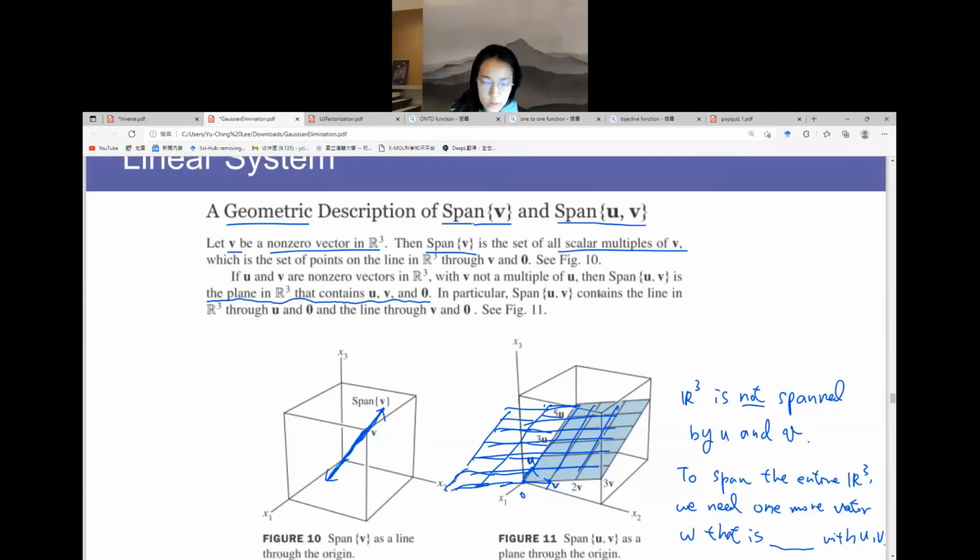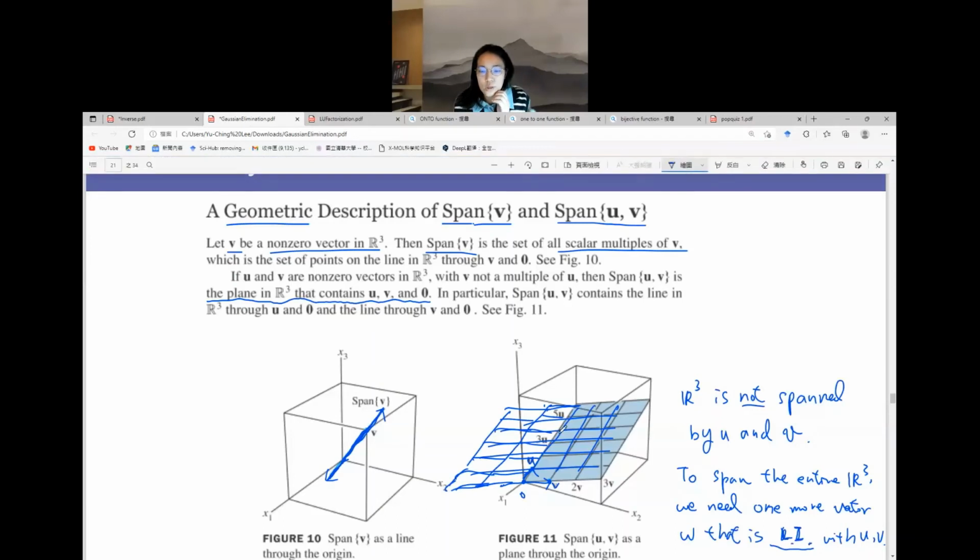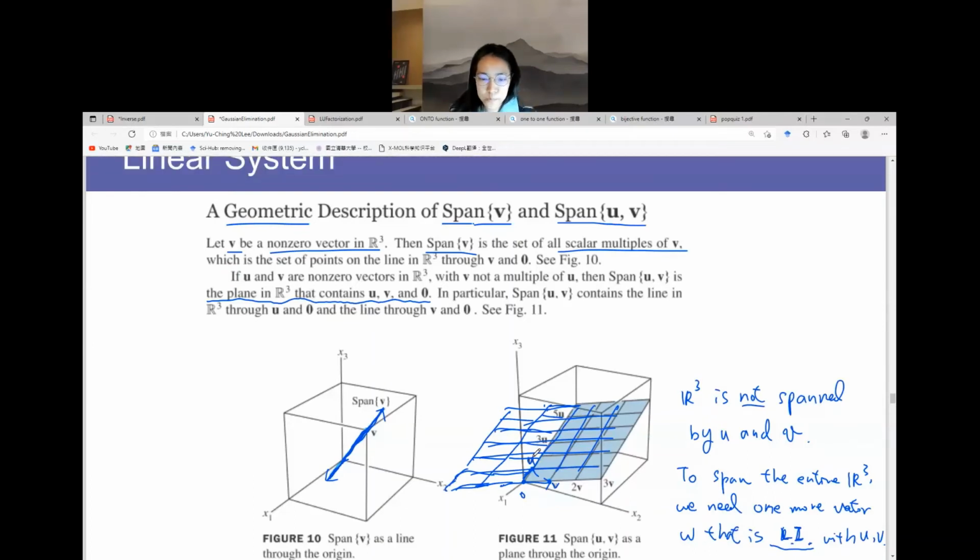So there's a property that the third vector needs to hold, the w vector. I require 3 vectors to span R3 space, and also these 3 vectors must be linearly independent. So this is the important concept to describe how large the space is as a result of span.